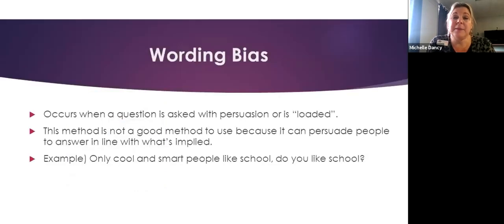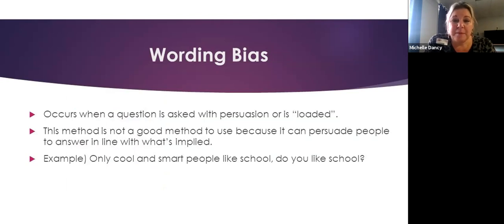One of the main types of biases we get is wording bias. Think about when somebody asks you a question and they say, don't you agree that statistics is the best class ever? The way that question is worded, don't you agree, it's like they're leading you to agree with them.